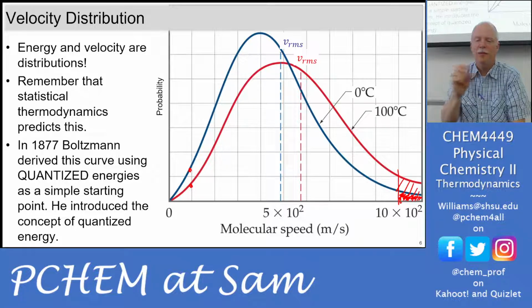He even said in the paper, I'm not saying that nature is like this, but for simplicity's sake, we'll just pick discrete velocities and solve the problem. And he got a rough approximation of this curve, and then he did it with analytical calculus and proved the whole smooth distribution. But that math that he introduced for quantized velocities was then used by Max Planck in quantized energies for the blackbody radiation.